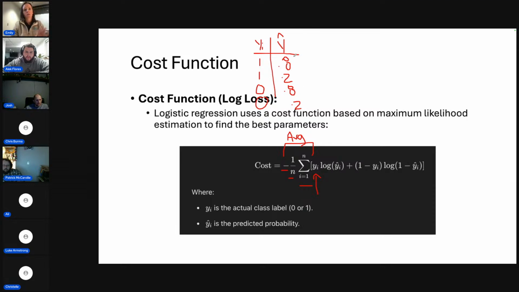What does this mean? In this first row, y is 1 and y hat is 0.8. That means in reality, the answer was yes, it was spam. And our model said, I'm pretty sure it's spam. It was very confident. So this is a confidently correct answer.